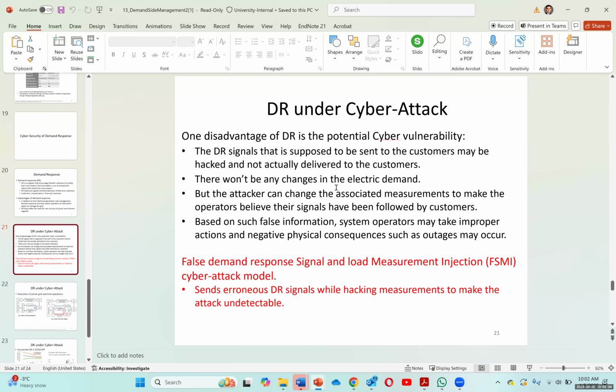False demand response signal and load measurement injection cyber attack methods and models would be studied, which again, would send erroneous DR signals while hacking measurements to make the attack undetectable.